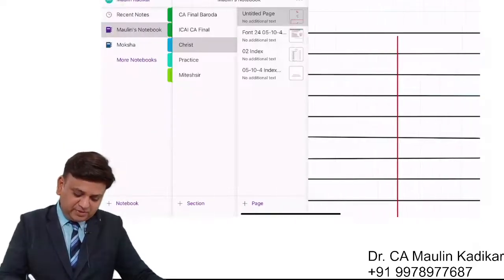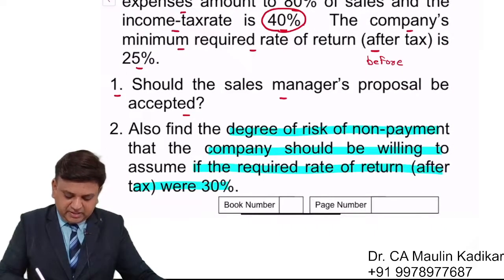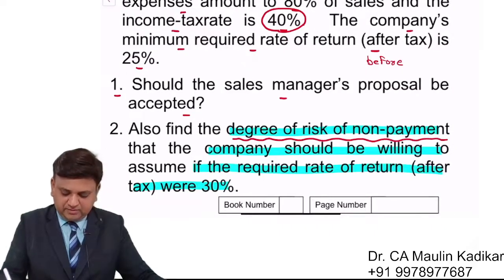In the second part of the question, what is required to be calculated by us? We are required to find degree of risk of non-payment. What does it mean?